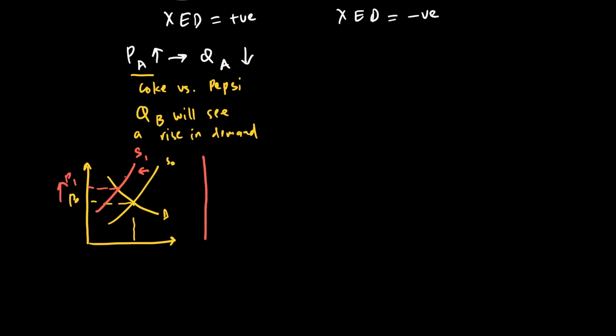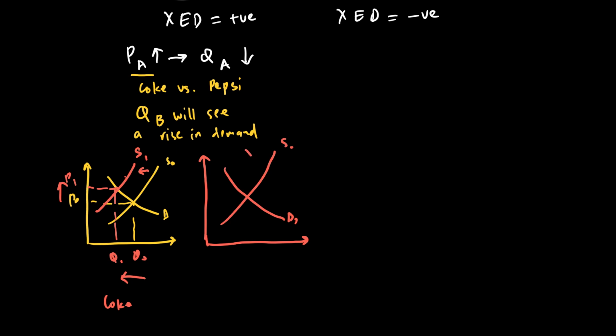That may result in consumers switching, as they buy less Coke. So this is the market for Coke. But in the market for Pepsi, we'll see the demand go up. So demand rises in this case.